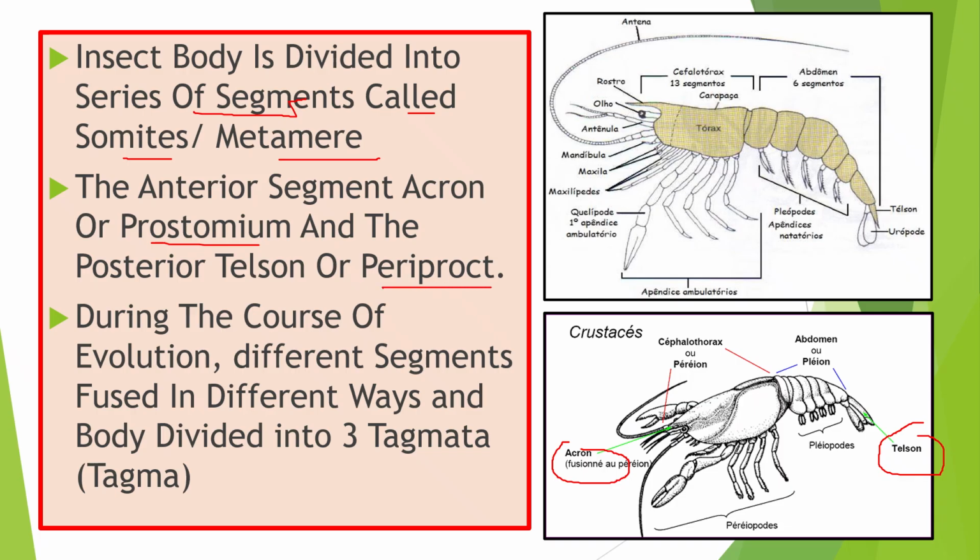During the course of evolution, different segments are fused in different ways, and the body is formally divided into three tagmata, called head, thorax, and abdomen.